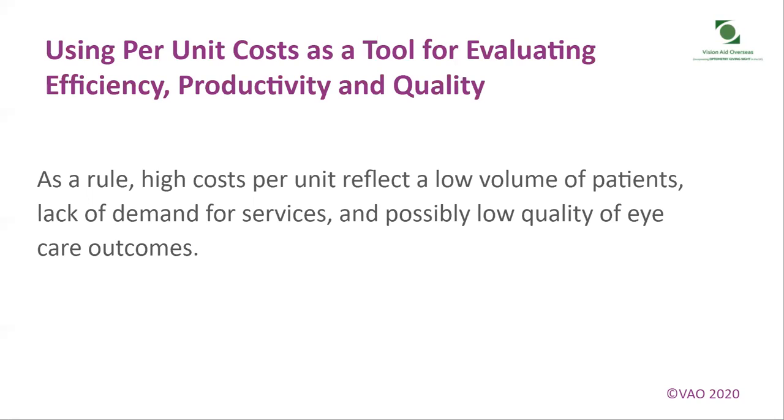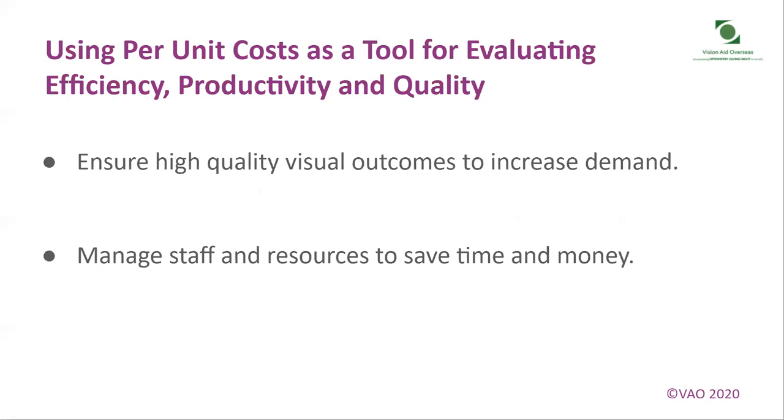As a rule, high costs per unit reflect a low volume of patients, lack of demand for services, and possibly low quality of eye care outcomes. To bring down per unit costs, ensure high quality visual outcomes to attract a higher demand for services, and manage staff and resources in ways that save time and money.